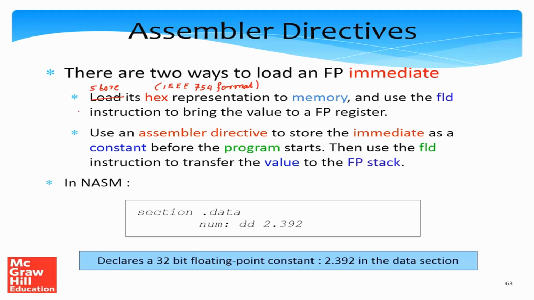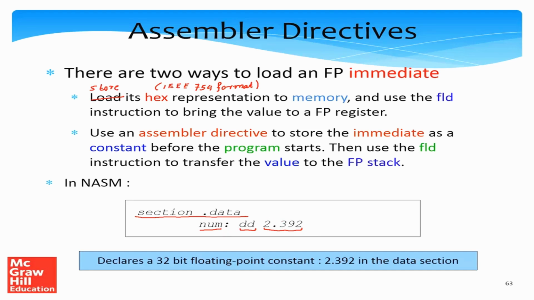So in NASM, there is a data section, section .data, in which all of these constants can be declared. We can define a 32-bit floating point constant called num, which specifies its 32 bits, and this is its value, 2.392. So we can specify a number in its decimal format.